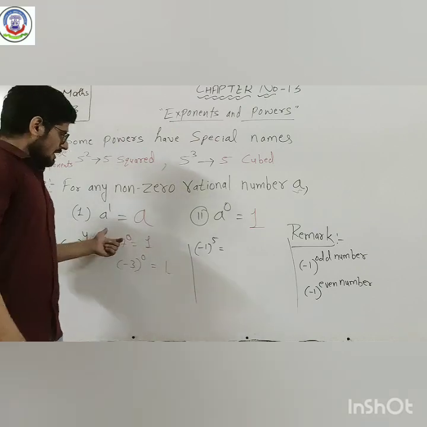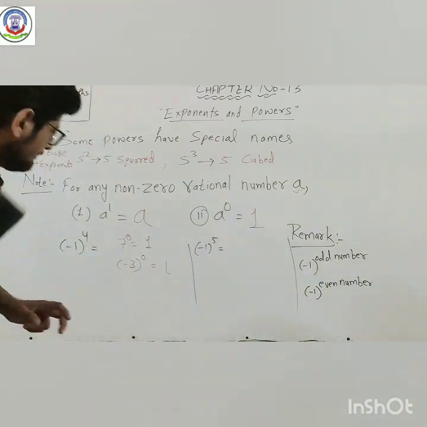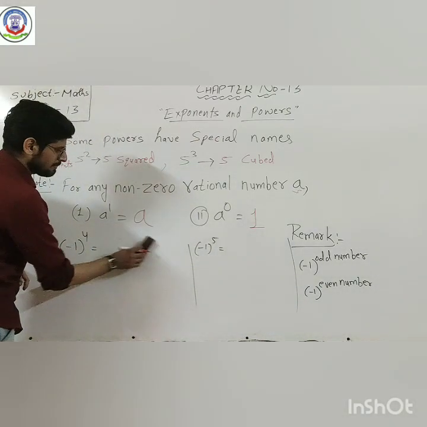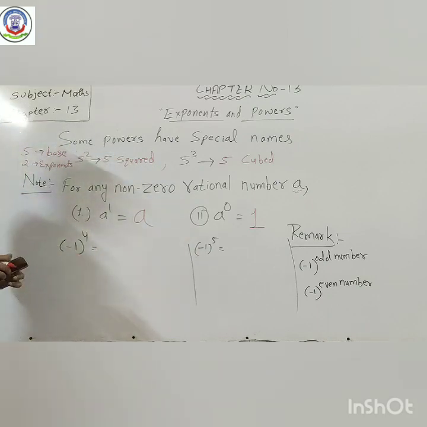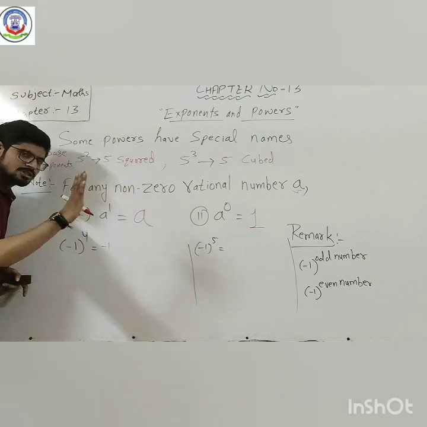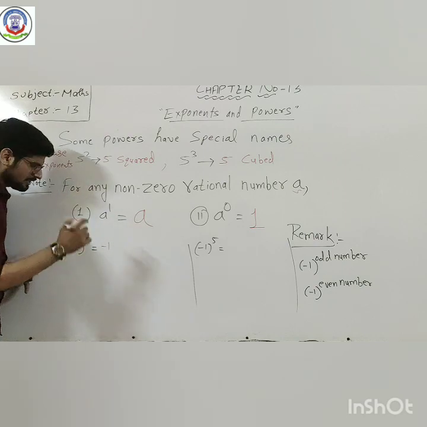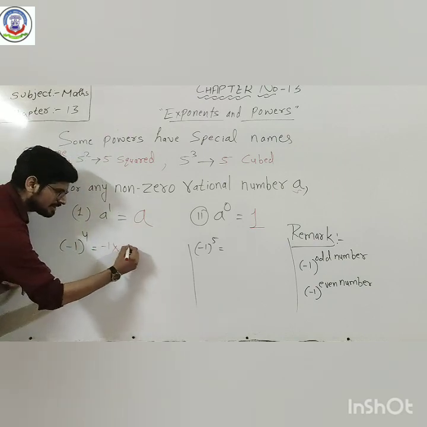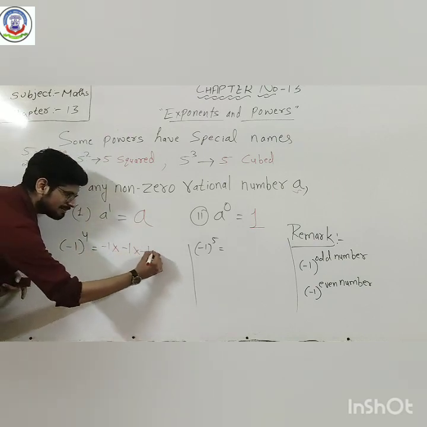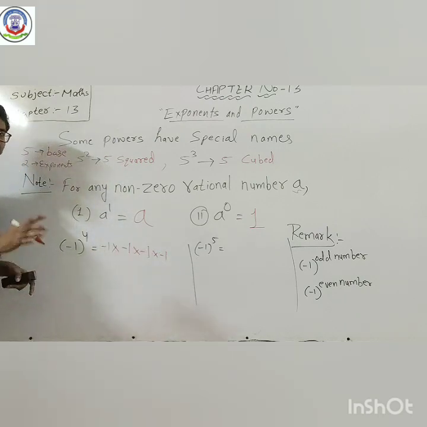Okay. Now next case, हम देखते हैं -1 raised to the power 4. -1 raised to the power 4 means -1 can be written as a product, for how many times? Power 4 times. So -1 multiply -1 multiply -1 multiply -1.